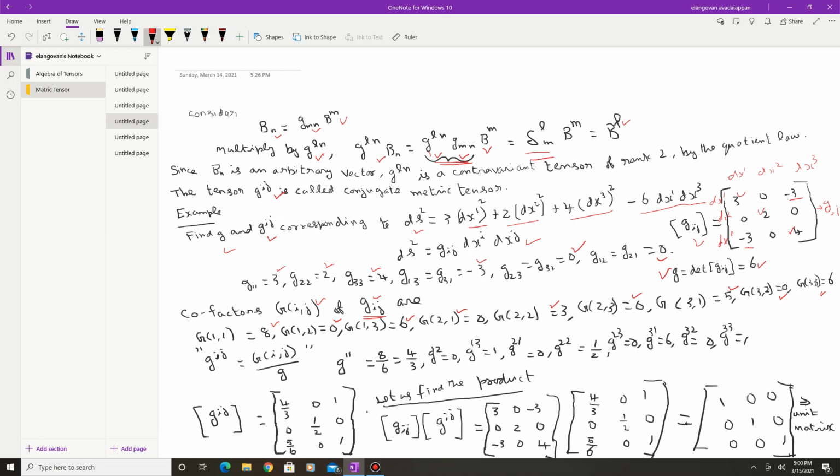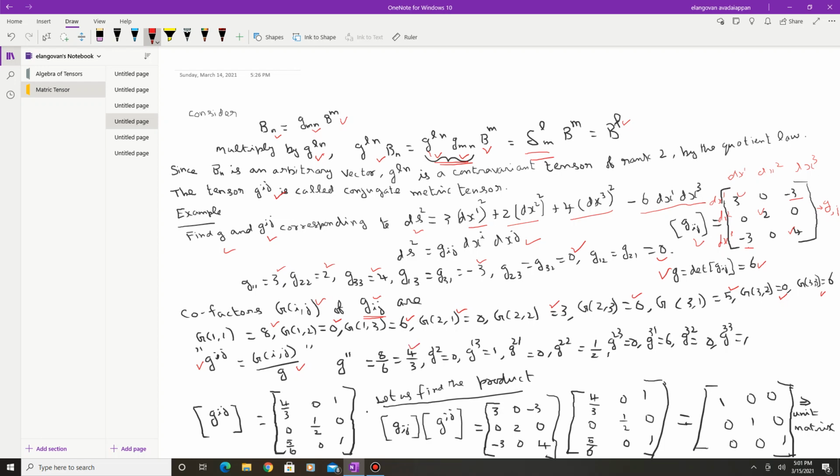Now using this definition, the contravariant component Gij is expressed by the cofactor divided by the determinant. So the contravariant component can be evaluated easily. What is G11? We substitute i is equal to 1, j is equal to 1, so the cofactor G11 divided by G. The cofactor is 8 and the determinant G is 6, so 8 by 6, which is 4 by 3.